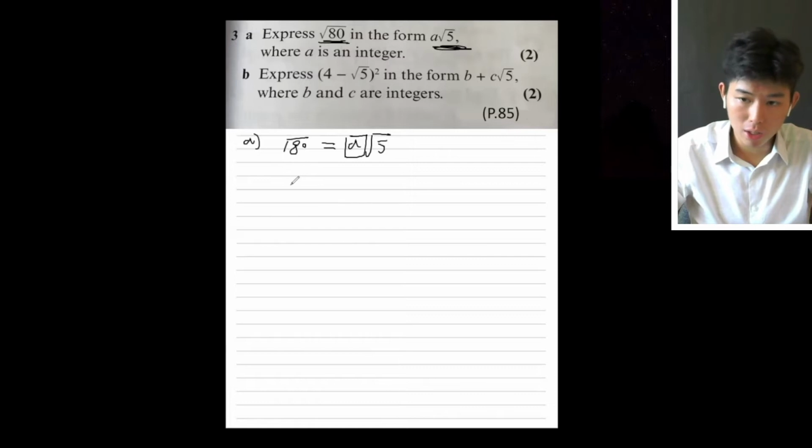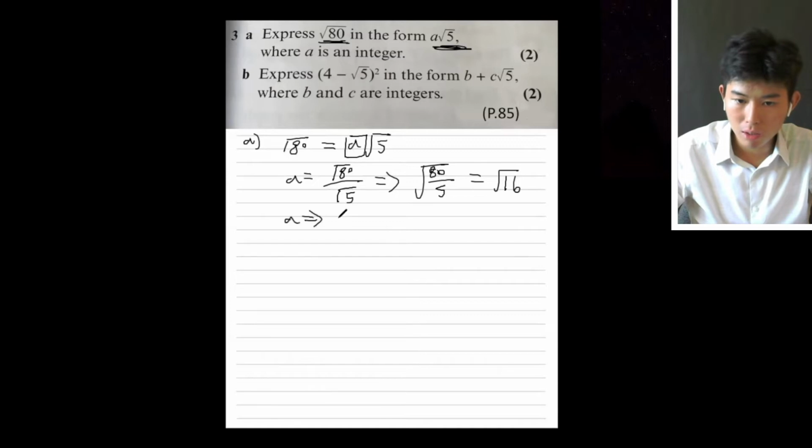The only way that we can know the a is a would be equal to root 80 divided by root 5 equals root 80 over 5, which is root 16. Therefore, a would be 4. And the final answer would be 4 root 5.